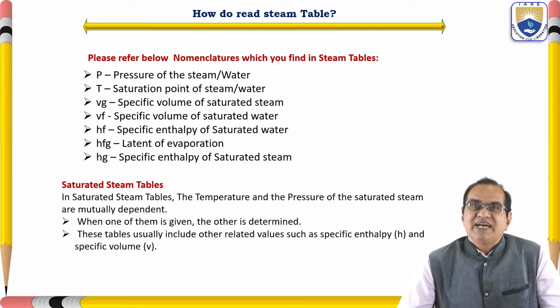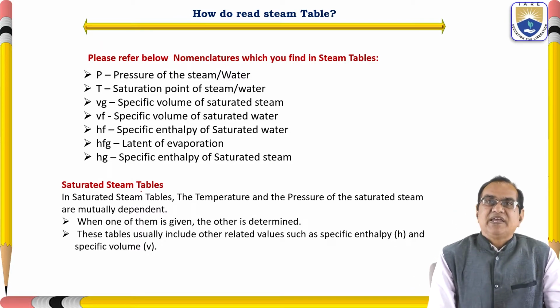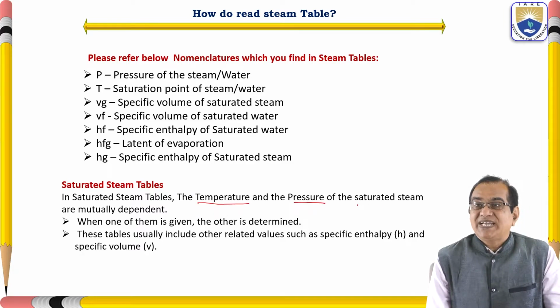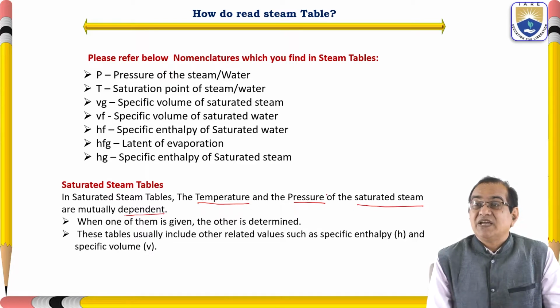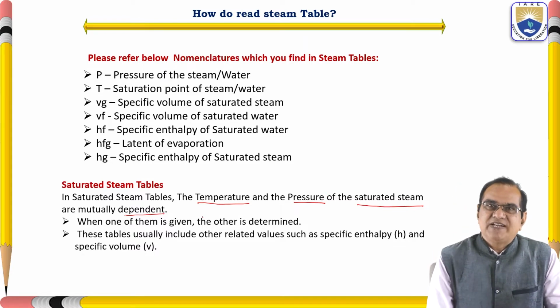Now this is the saturated steam table which I am going to discuss. In the saturated steam table, the temperature and the pressure of the saturated steam are mutually dependent, meaning P and T are both dependent. I will discuss in detail in the next slide.